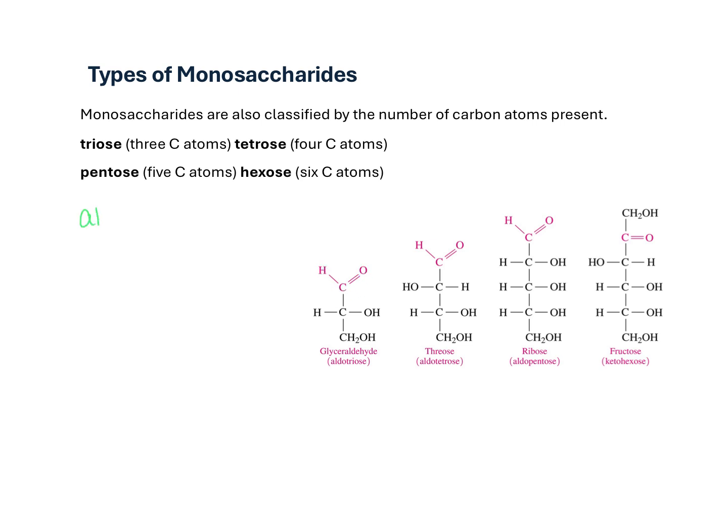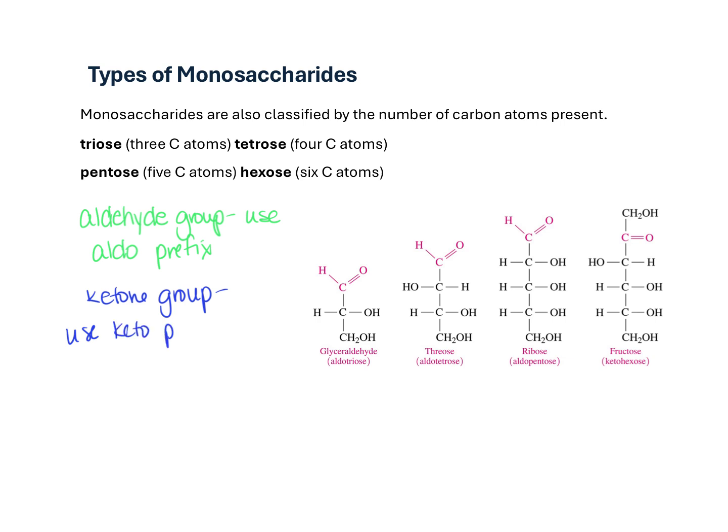So if there's an aldehyde group, we use the aldo prefix. If it contains a ketone group, we use the keto prefix, right?